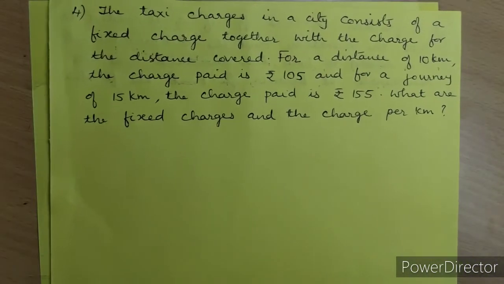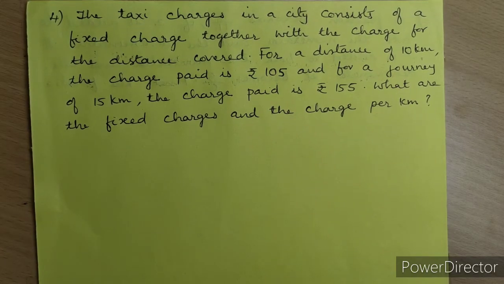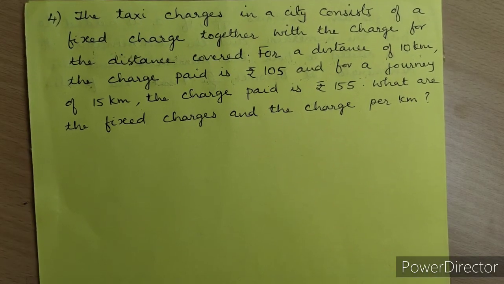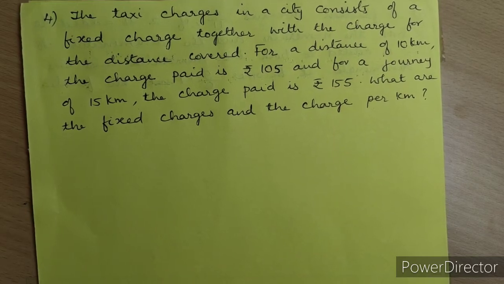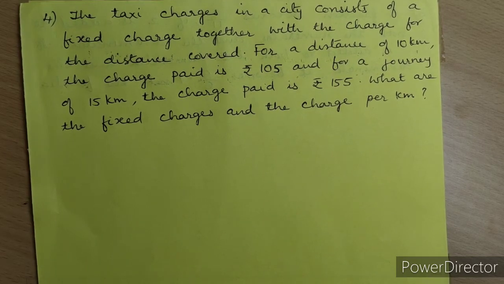Next one, fourth one. The taxi charges in a city consist of a fixed charge together with the charge for the distance covered. For a distance of 10 km, the charge paid is rupees 105, and for a journey of 15 km, the charge paid is rupees 155.